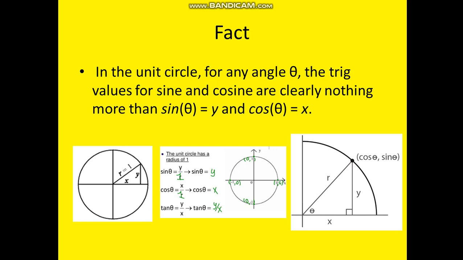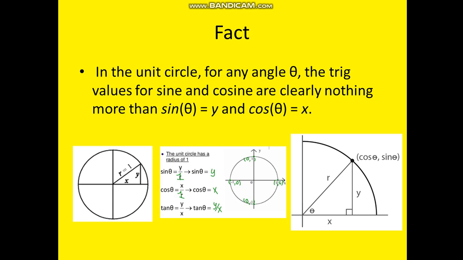Tan theta is opposite over adjacent. Our opposite is y and our adjacent is x, so tan theta equals y over x. Don't forget that y is sine theta and x is cos theta. Therefore, tan theta equals sine theta over cos theta. This should be an established rule: on the vertical, the value of y is sine theta, and on the horizontal x-axis, the value of x is cos theta.